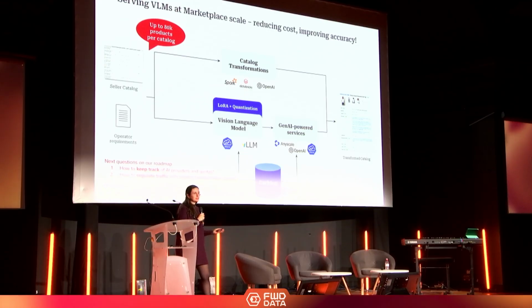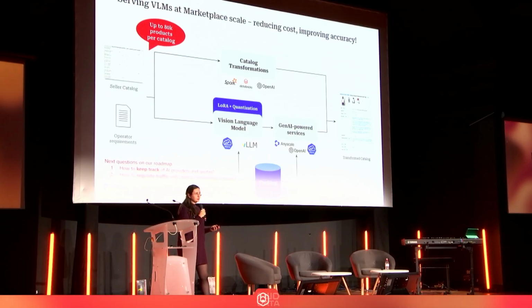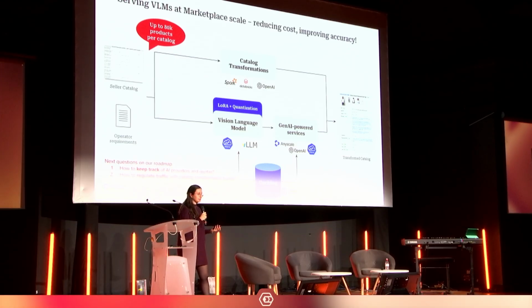Once we've put that into production, we got two further questions. As I've described, we can call any number of AI providers. It could be our own, it could be something hosted on Anyscale, it could be OpenAI. So how do we keep tabs? How do we keep track of AI providers and quotas? But also, we've seen bursts up to 80K products per catalog, even higher sometimes.